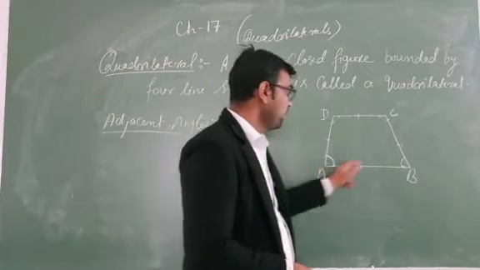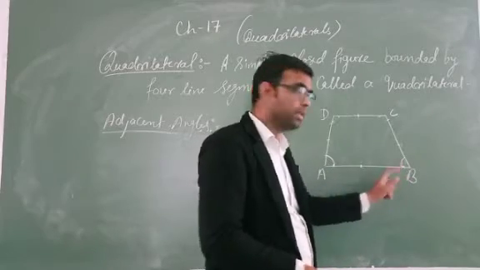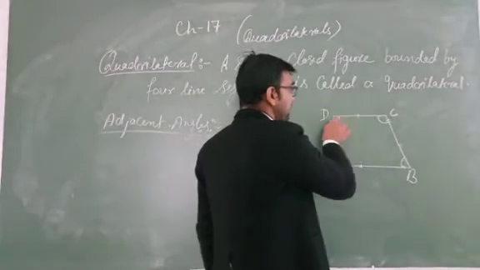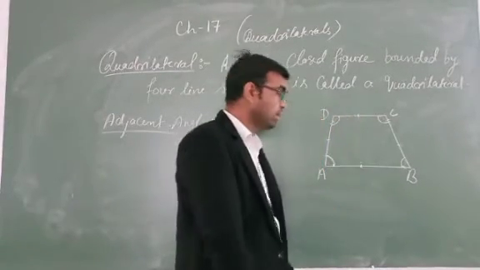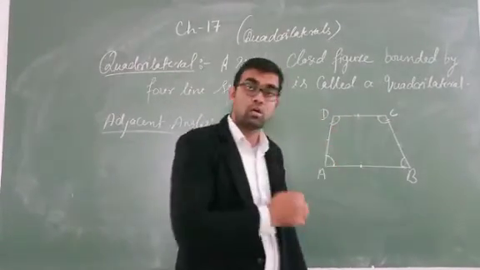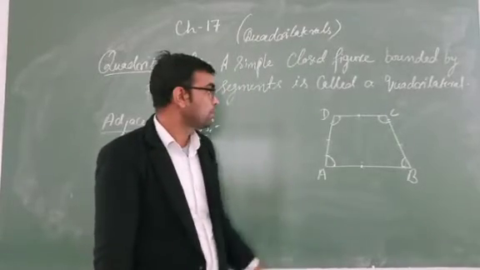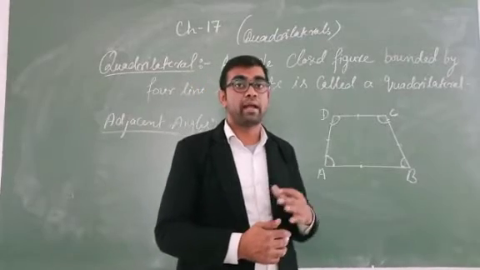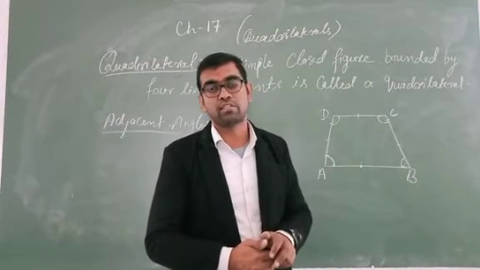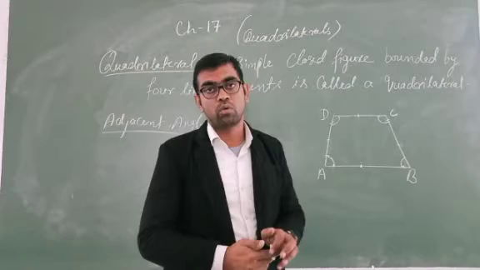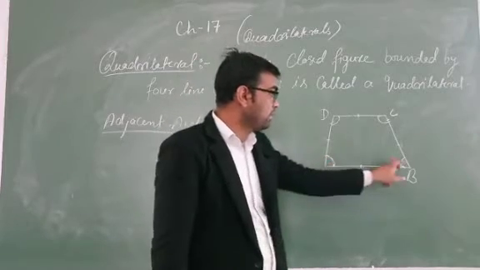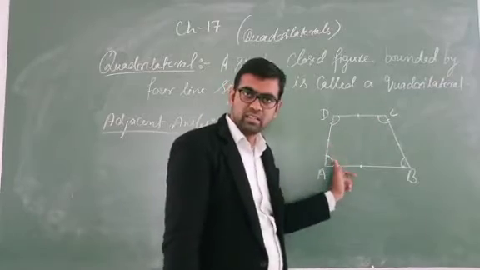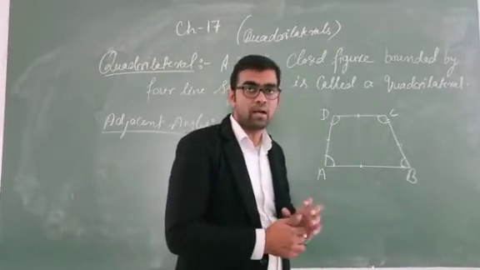So here A and B are adjacent angles, B and C are also adjacent angles, C and D are also adjacent angles, and D and A are also adjacent angles. Now opposite angles: angles which are not adjacent are said to be opposite angles. Here A and B are adjacent, but A and C are not adjacent, so A and C will be opposite angles.